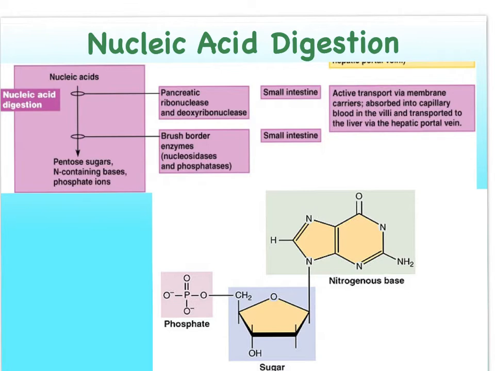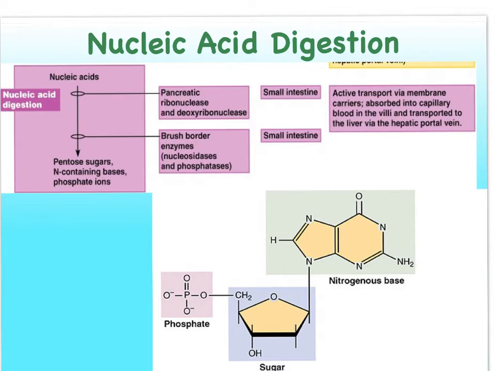Ultimately, all these end products will be absorbed into the epithelial cells of the small intestine by means of active transport, because there are special carrier proteins that can do that. And then eventually these components make it into the bloodstream, which is carried to the liver via the hepatic portal vein.